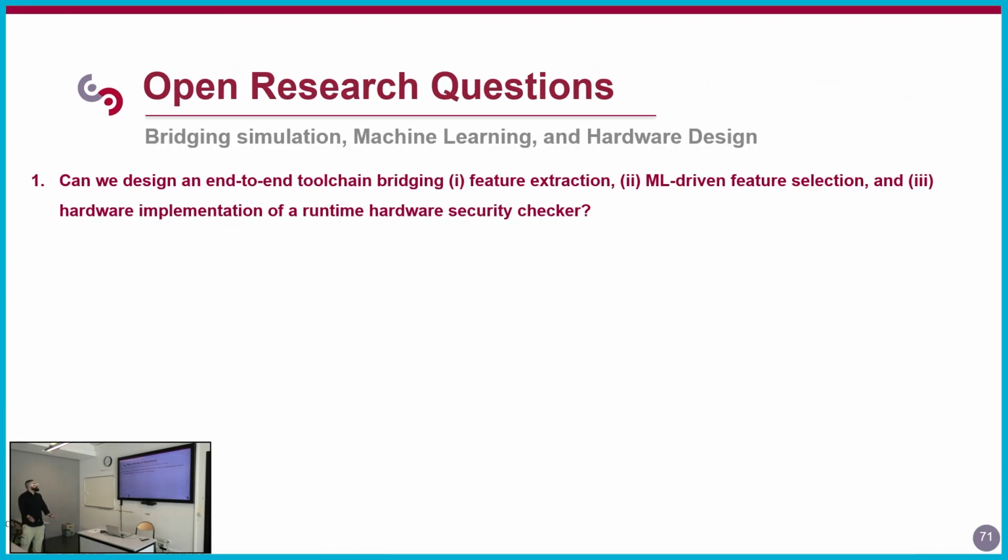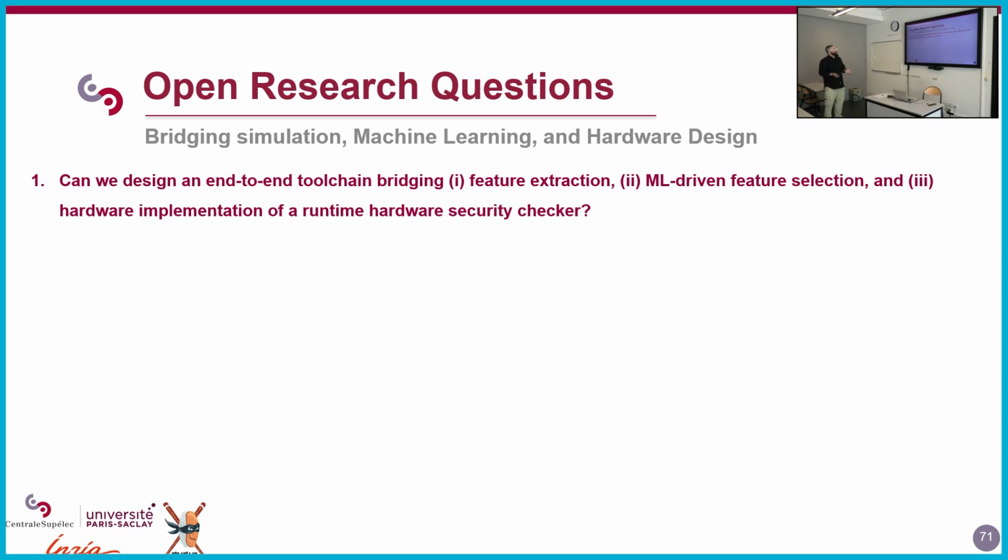I have a bunch of open research questions, and we can discuss them. Can we design an end-to-end toolchain bringing together feature extraction, machine-learning-driven feature selection, and hardware implementation of a runtime hardware security checker? Can we build a tool that permits this?